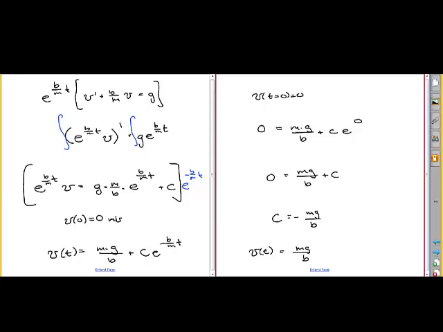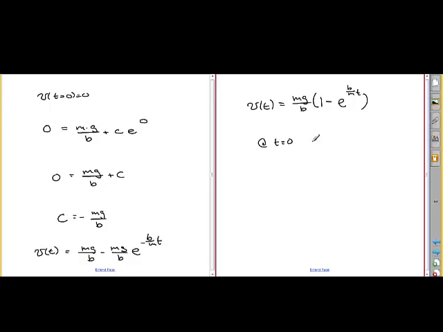So we get mg over b, which is this term right there, minus mg over b times e to the minus b over m t. And we factor out the mg over b times 1 minus e to the minus b over m t, close the parentheses.